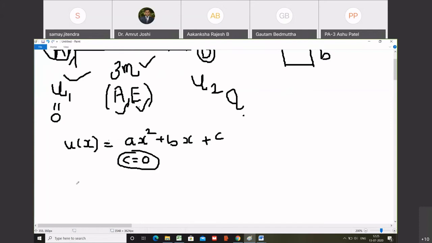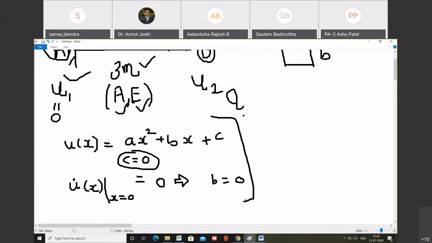We make one more approximation that u dot of x at x equal to 0 is 0. Let us make the approximation. If I make that approximation, that tells me b equal to 0. Agreed?